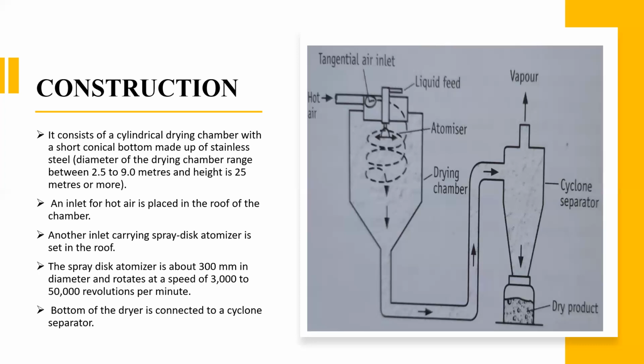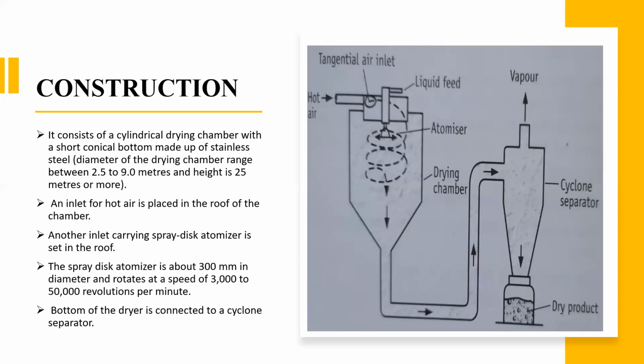In the second step or second stage, that is called drying of these liquid droplets. So first in this stage, the liquid feeds into this atomizer, and the atomizer converts it into fine droplets, and these droplets are dried before going to the wall of this drying chamber.